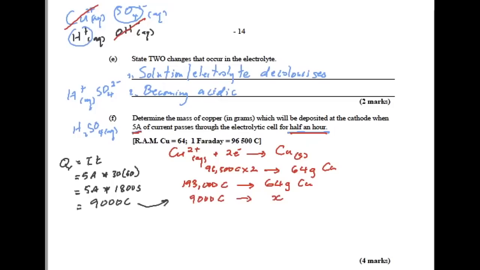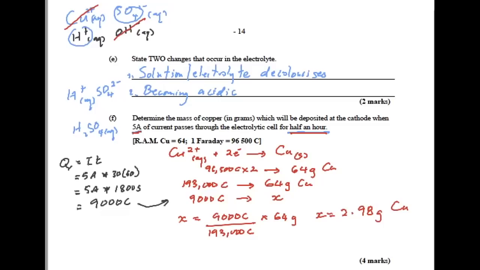So we solve for X. X here is equal to 9,000 coulombs over 193,000 coulombs, multiplied by 64 grams. And whatever we get, that's the mass that would be deposited. So X here is equal to 2.98 grams of copper.